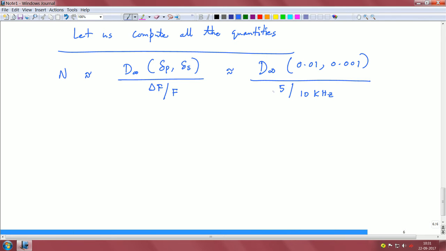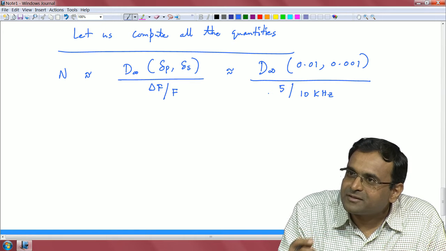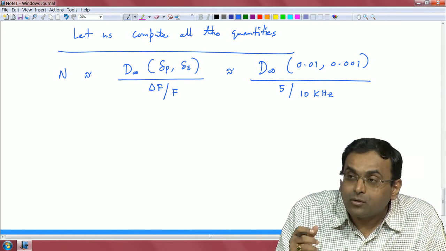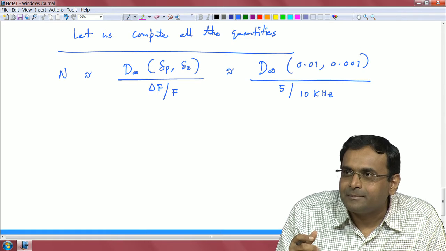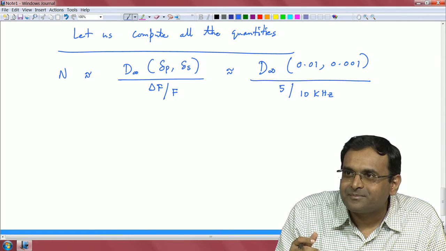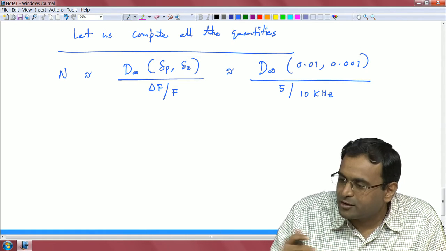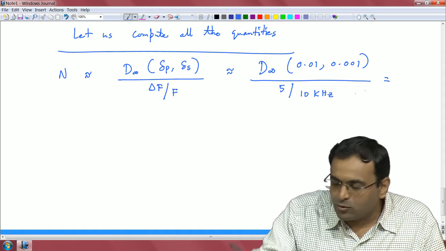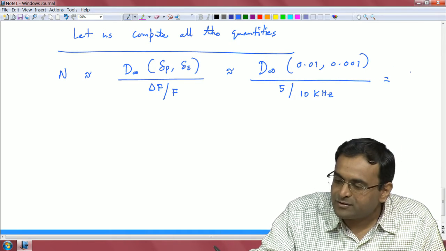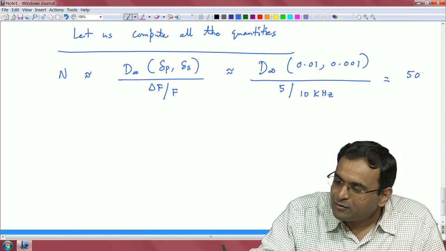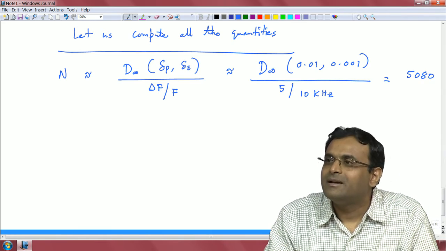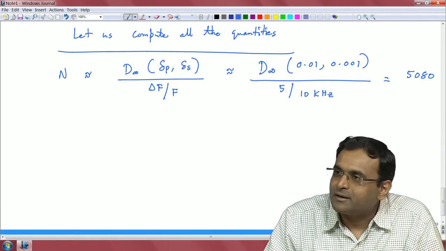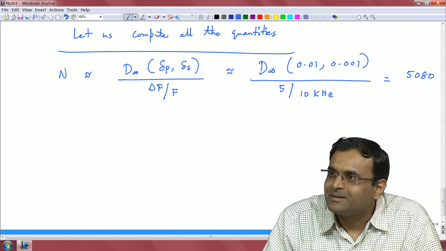So, you see the change here, 5 hertz is the transition band, 10 kilohertz is your input rate, and that is why things get skewed so much. So, you do the math and the answer to this would be 5080. It is a tremendous filter order, 5000 is the order of the filter that you would require.